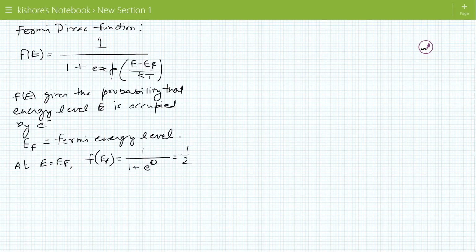It means probability that energy level EF is occupied by electrons is 50%.